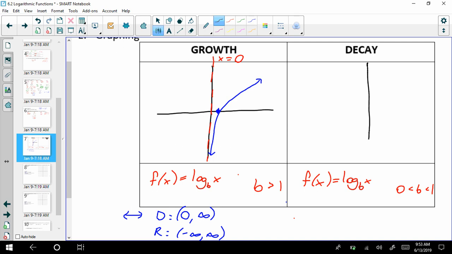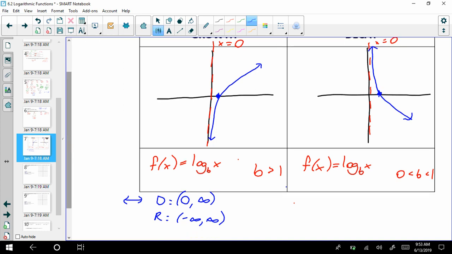So when I graph it, I'm going to have my vertical asymptote at x equals 0. I will still have an x-intercept of 1, but this time the graph is going to fall. And the domain and range would be the same.